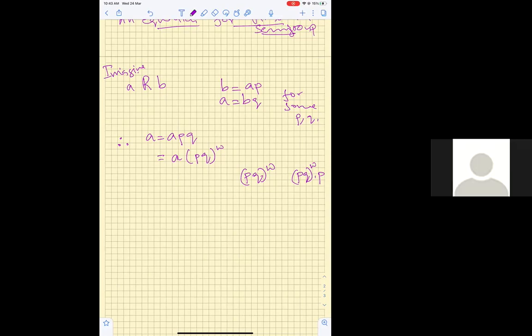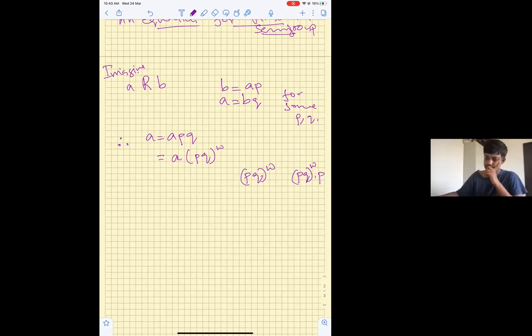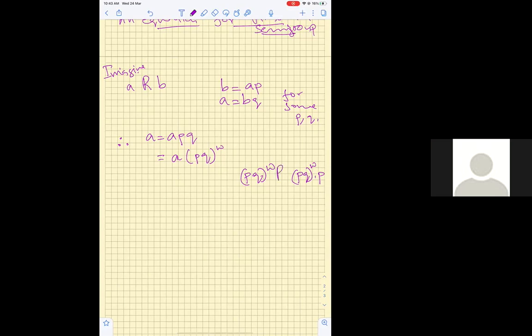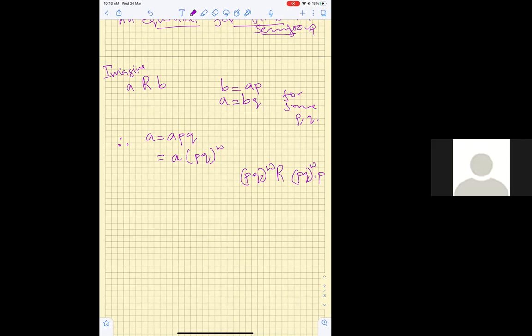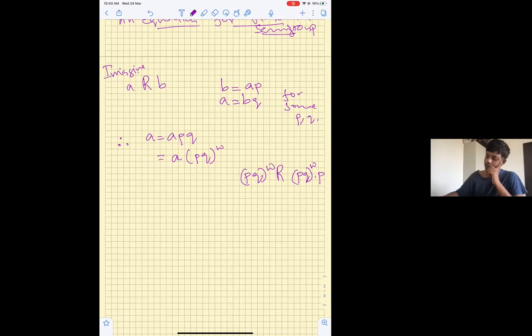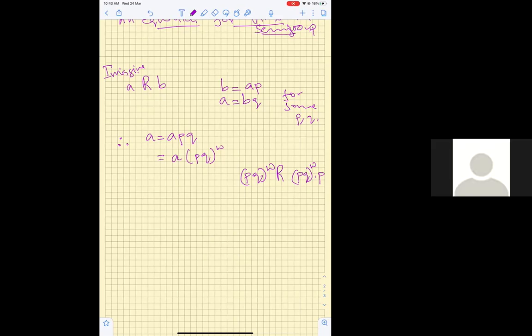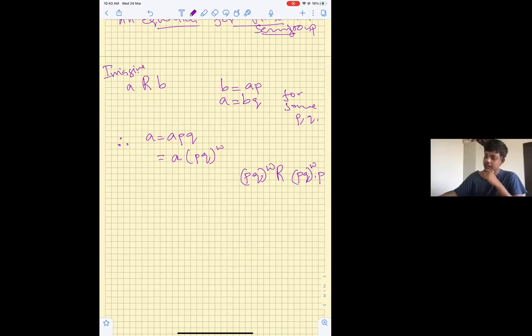So the left one is R-less-than-or-equal to the right one. And actually they are equivalent. Why are they equivalent? Because R-trivial implies that it's aperiodic. So (PQ) to the omega times PQ is again (PQ) to the omega. Now if I multiply by Q on the right-hand side, I will get (PQ) to the omega plus 1. But we already observed that R-trivial monoids are aperiodic, so (PQ) to the omega plus 1 is the same as (PQ) to the omega.